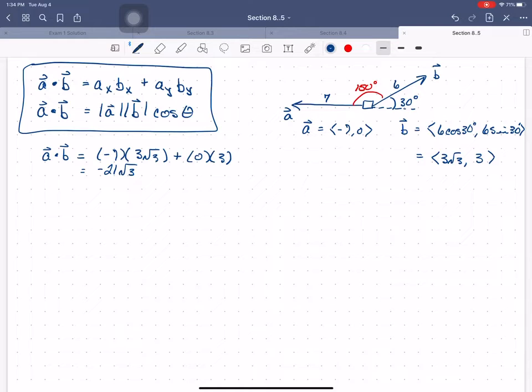And so we also know that A dot B is equal to the magnitude of vector A. So I'm using now my second definition.